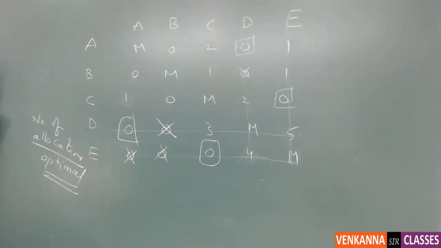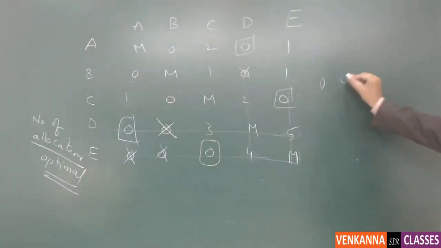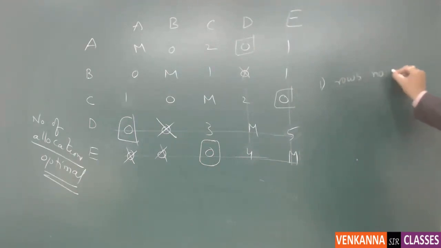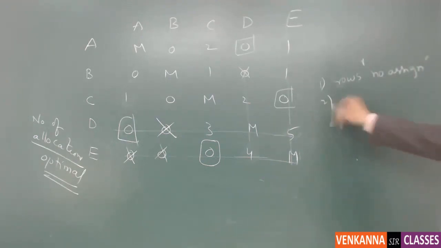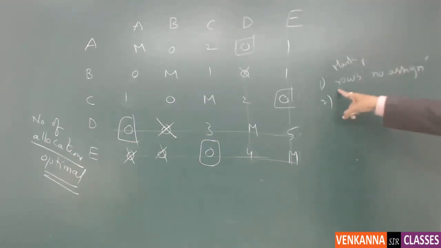So if you want a specific procedure of selecting or drawing the horizontal and vertical lines, which is given there, what happens? Step 1 is nothing but you go for the rows where there is no assignment. Then step 2 is you mark that row. If the row contains any 0, you mark that column.